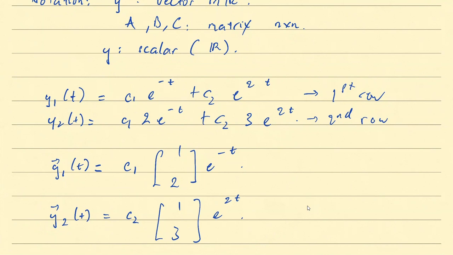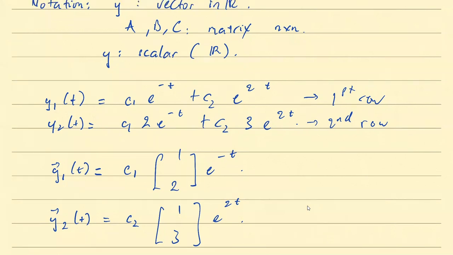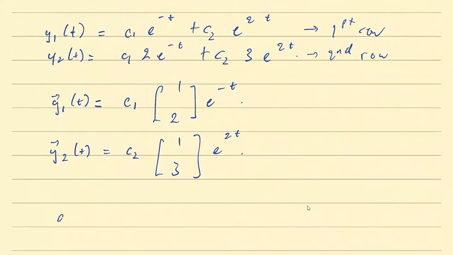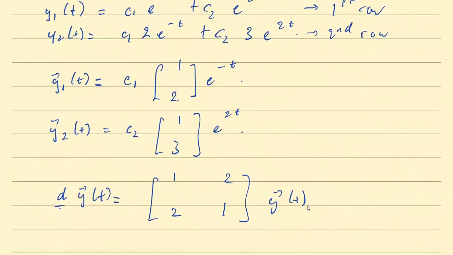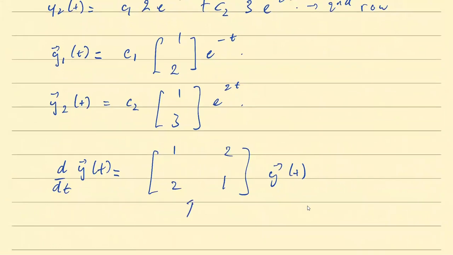And this is after you solve for the system, but before, when you pose a question, you might have something like this: dy dt is the matrix 1, 2, 2, 1 times y of t. So this is the matrix A that we usually refer to, for example.